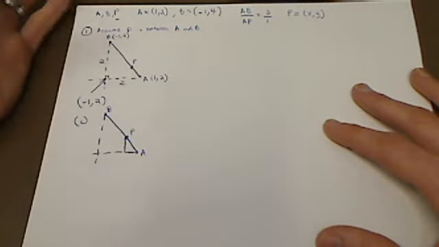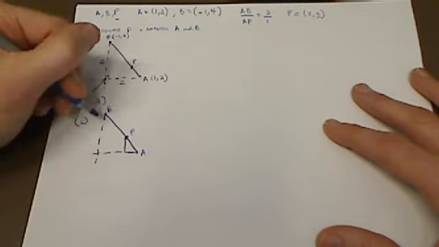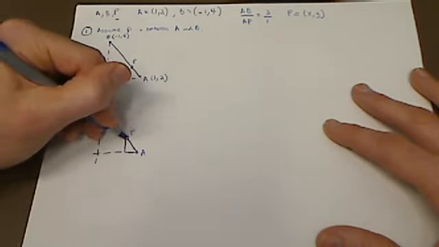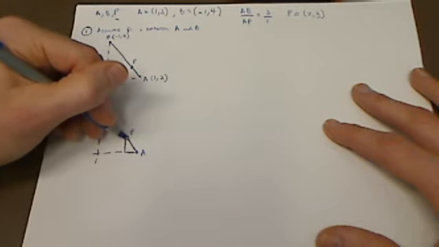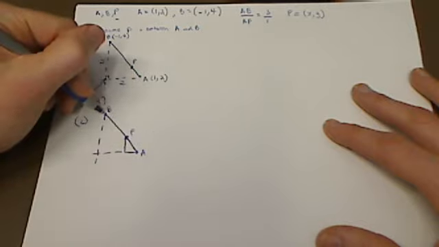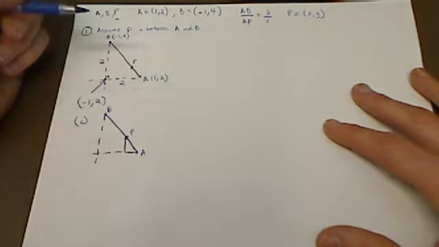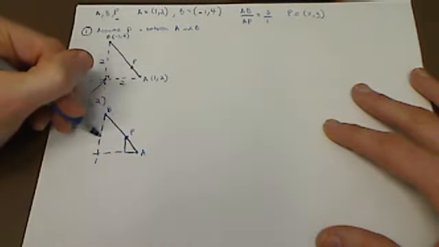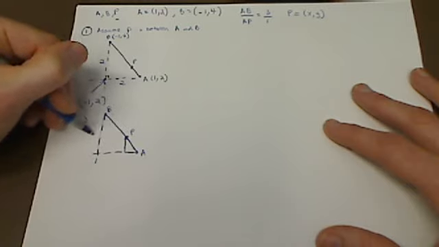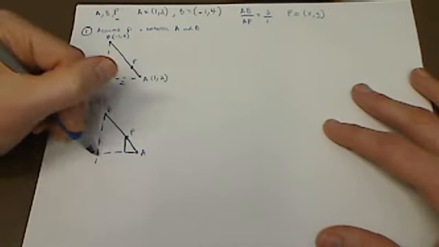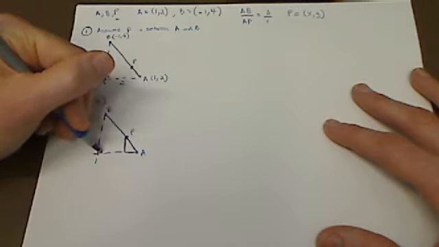Now, to get the right ratio of sizes here, this smaller triangle has a hypotenuse AP. And that hypotenuse AP must be a third of the size of AB based on the ratio that we have up here. So that means a third of this line segment is this length, and vice versa with the length of this leg.